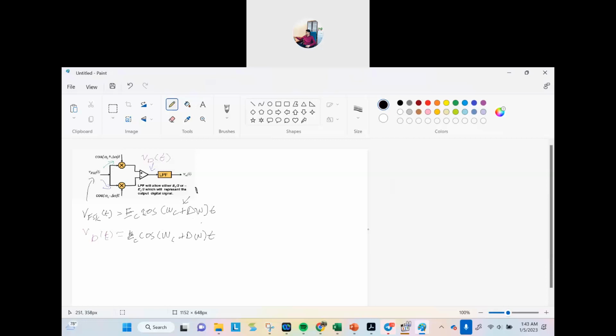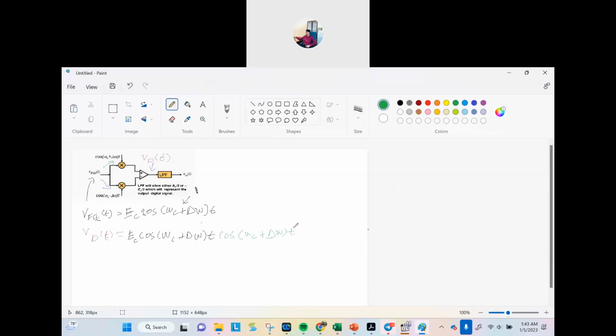So first our VFSK multiplies with this: cos (omega C plus delta omega) t.